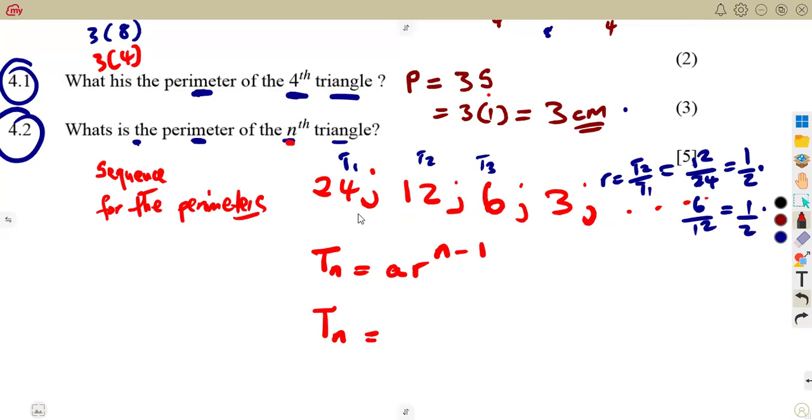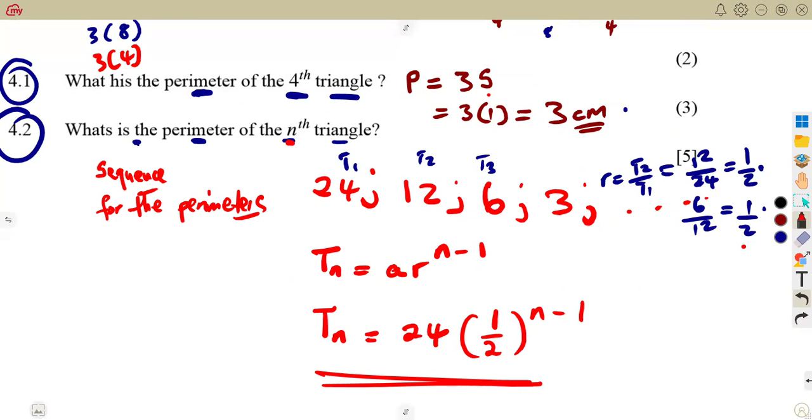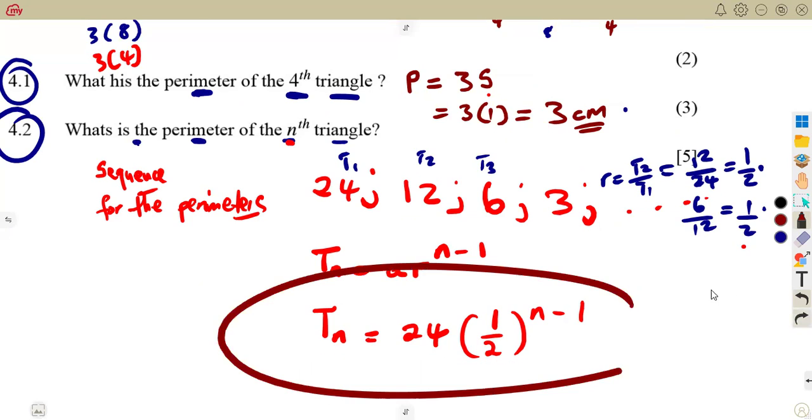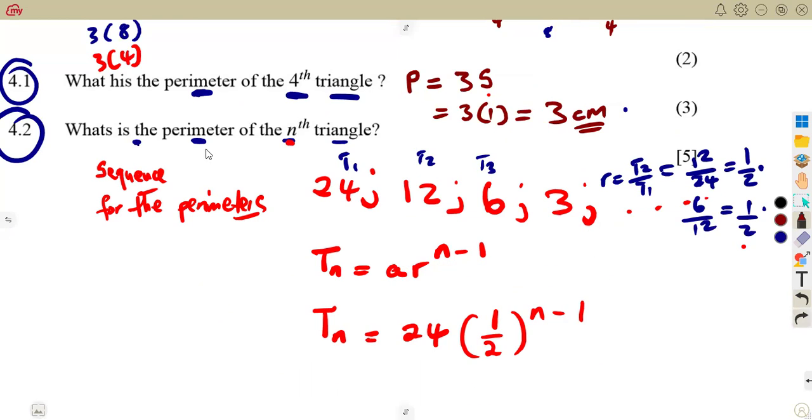So Tn: a is the first term, which is 24, r being the common ratio, 1 over 2, to the exponent of n minus 1, just like that. With this nth term formula, we can determine the perimeter for any given triangle.